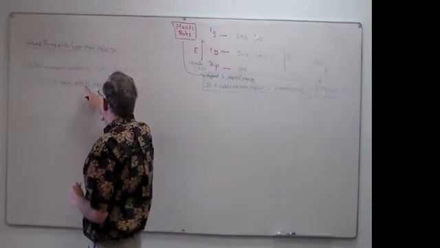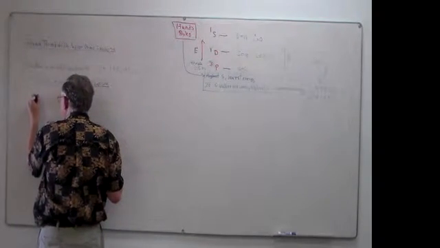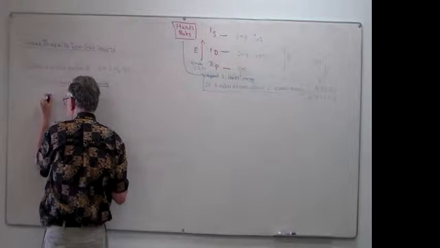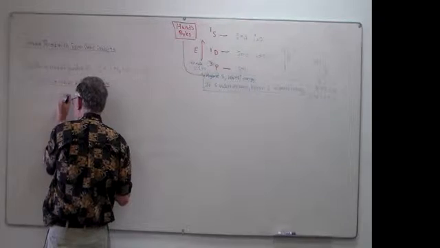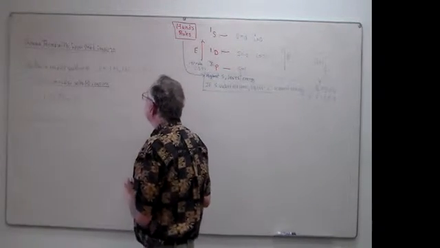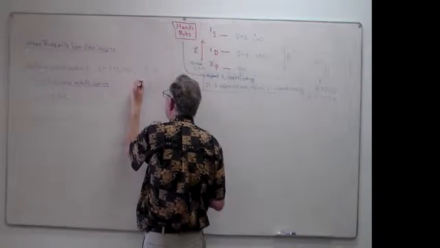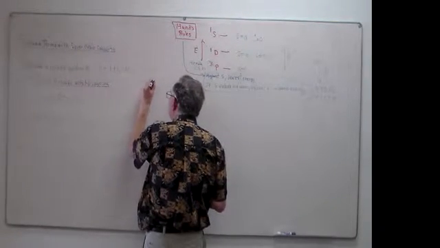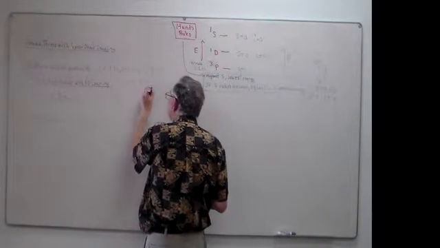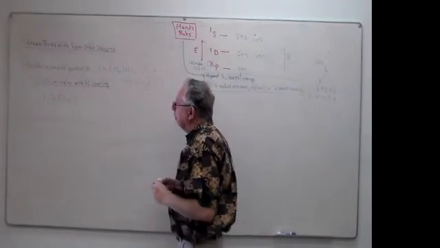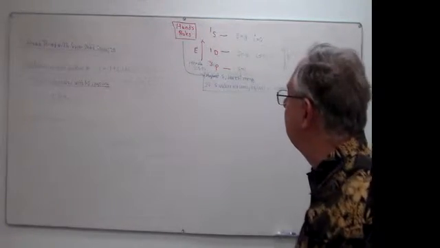Quantum states with spin orbit coupling are going to be in the form L, S, J, M sub J. And M sub J will always go between plus J and minus J. So we have a different set of quantum numbers, as you can see here.